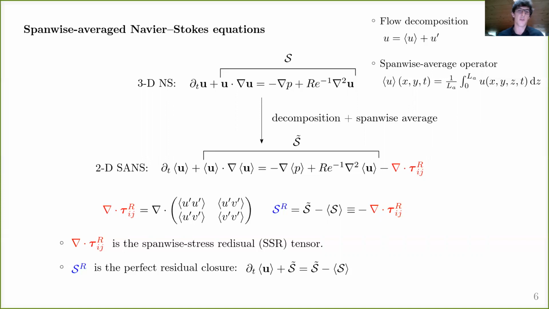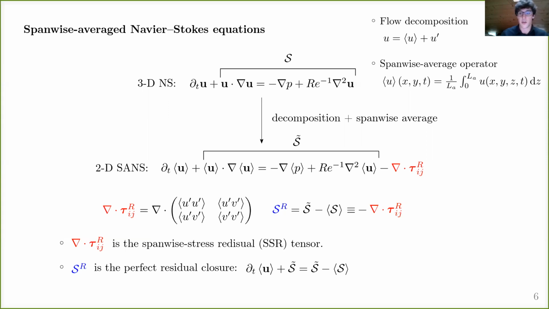So what you end up with is your 2D Navier-Stokes equations, which already include the turbulence model of the subgrid scales, or the time fluctuating part as you wish. And then we have a closure term for the spanwise fluctuating part, which represents the information missed during the average. So our base flow here is just a 2D flow, but when we add our closure terms, we recover the spanwise average solution of the flow.